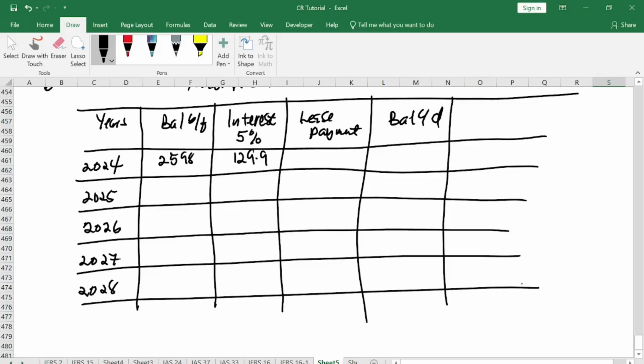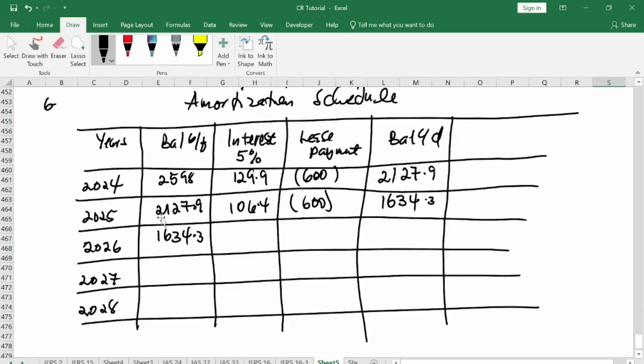Interest is 129.9. Our yearly lease payment is 600. So our balance will be 2127.9, and that becomes our opening here. The closing balance is 1634.3, which becomes our opening here, and the interest, of course, is 5%, which gives us 81.7.